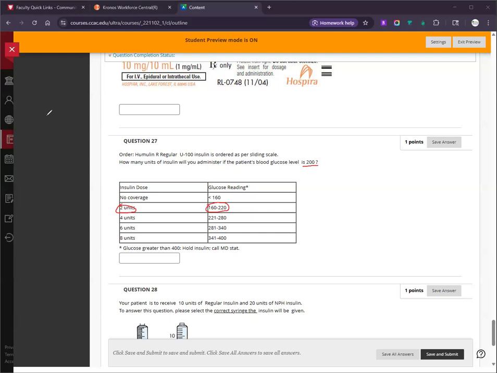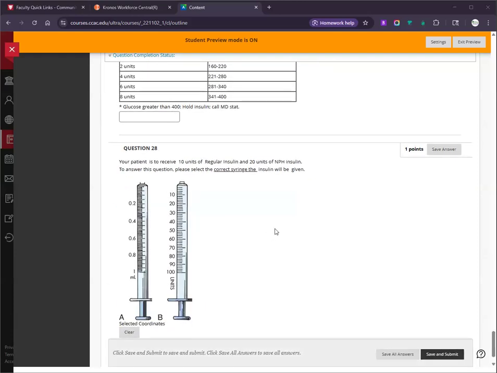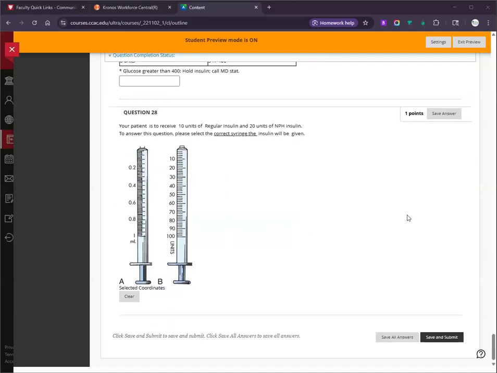And then I think this is the last question. As I mentioned in the previous question, insulin is always going to be measured in units. If it's always measured in units, you want to choose the syringe that utilizes units.